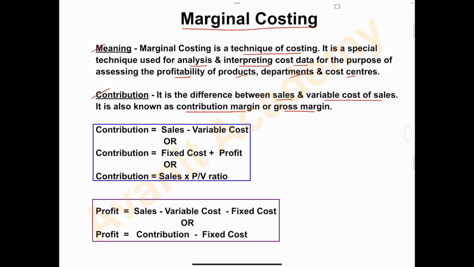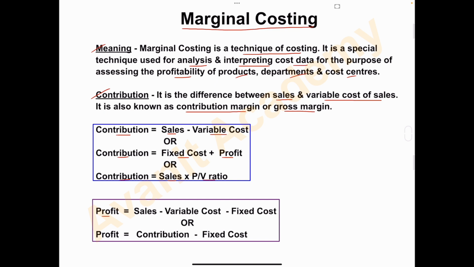Number one, contribution is equal to sales minus variable cost, or contribution is equal to fixed cost plus profit, or contribution is equal to sales into PV ratio. Okay, depend upon the problem. So whatever the information they have provided in the problem, on the basis of that, you have to take any one formula to calculate contribution amount.